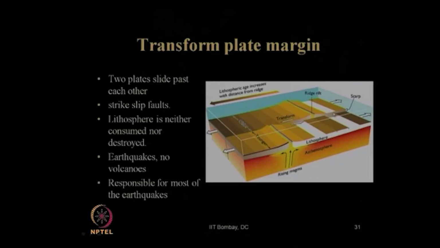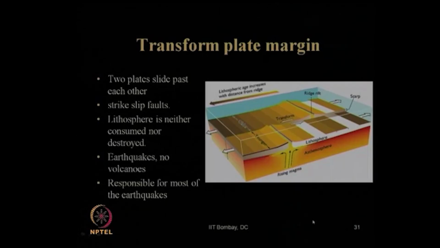There will be only earthquakes if we talk about the movement of the two plates, that boundary itself. And it is responsible for most of the earthquakes in the world. That means both convergent and divergent types of movements are also responsible, but the more common type of earthquakes in the world occur due to the transform plate type movement.